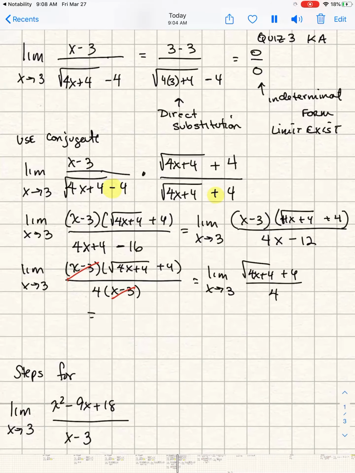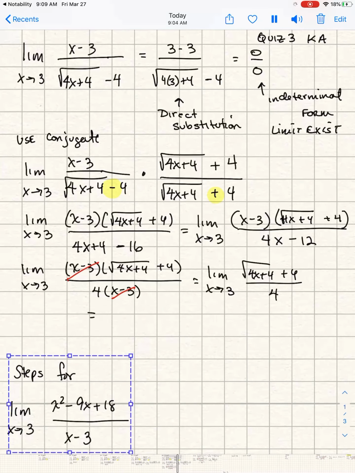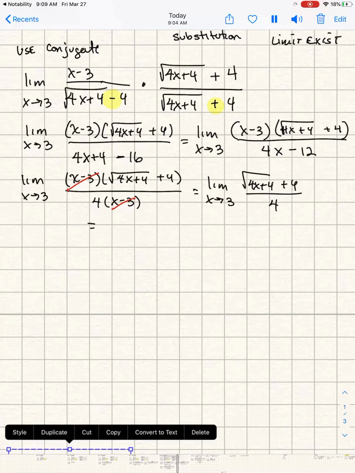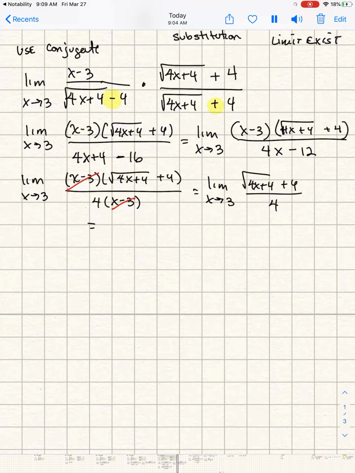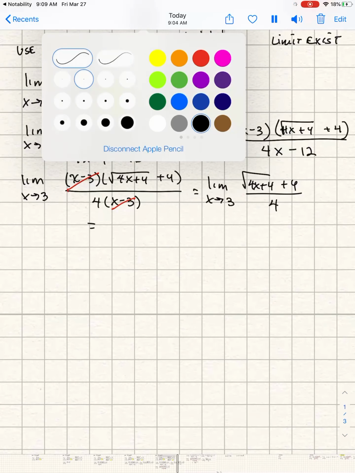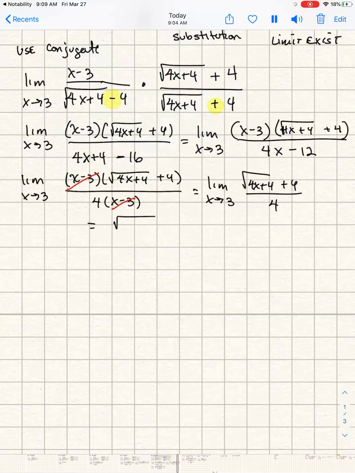Now by direct substitution, we would get the square root of 4 times 3 plus 4, plus 4, divided by 4.